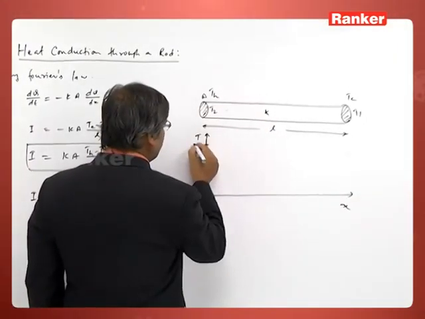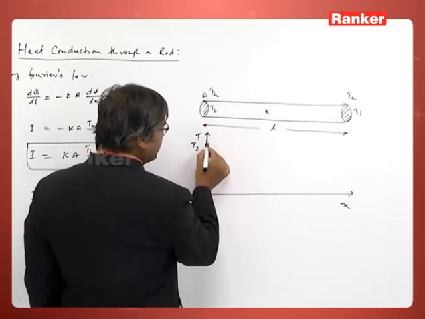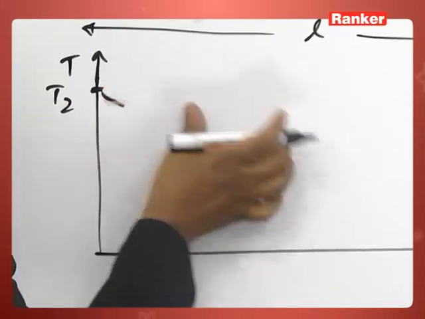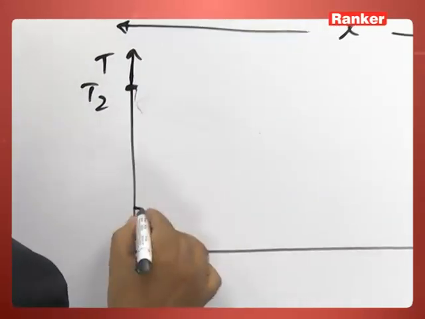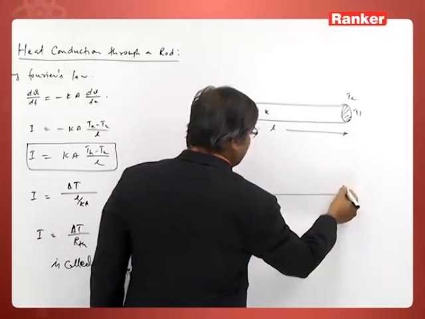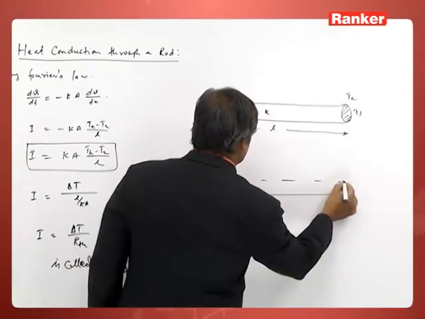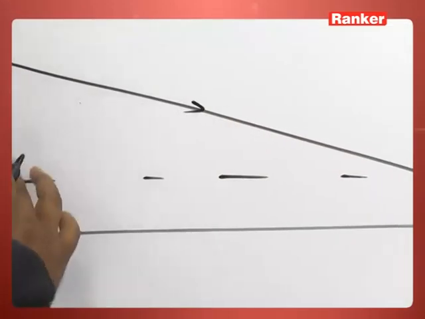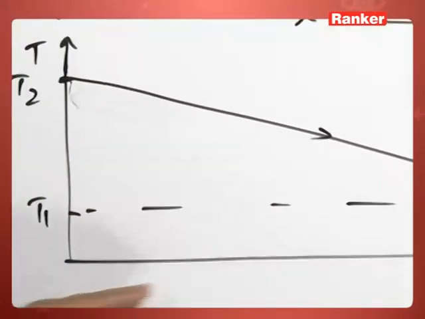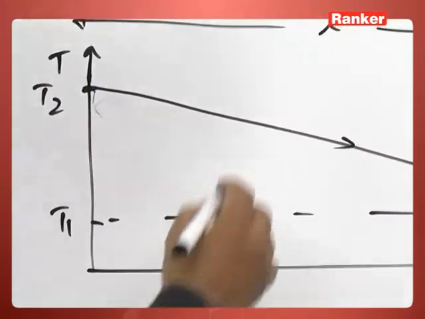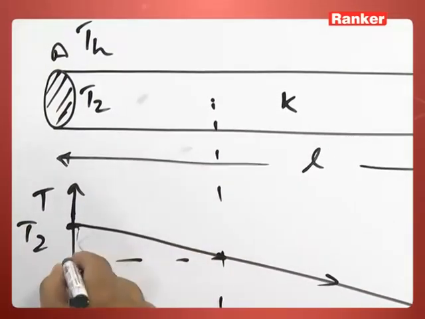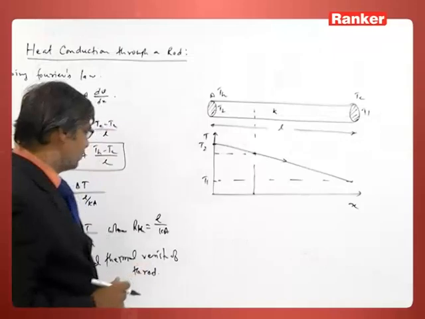Here it is T2, which is higher, and this temperature decreases uniformly to the T1 value over this length. If I want to know the temperature here, you can see it is less than T2 and more than T1.